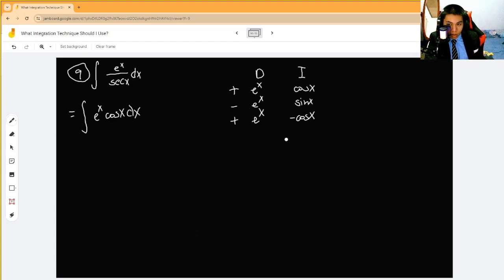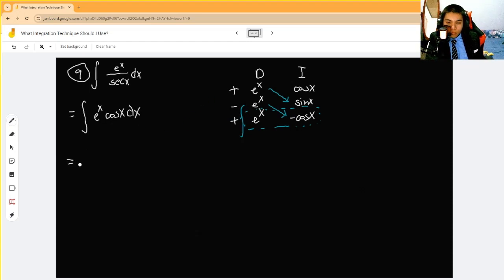Since this and this basically repeated, we can stop here, and then we shall have the product of these, and the integral of the product of these two functions. That should give us our answer.